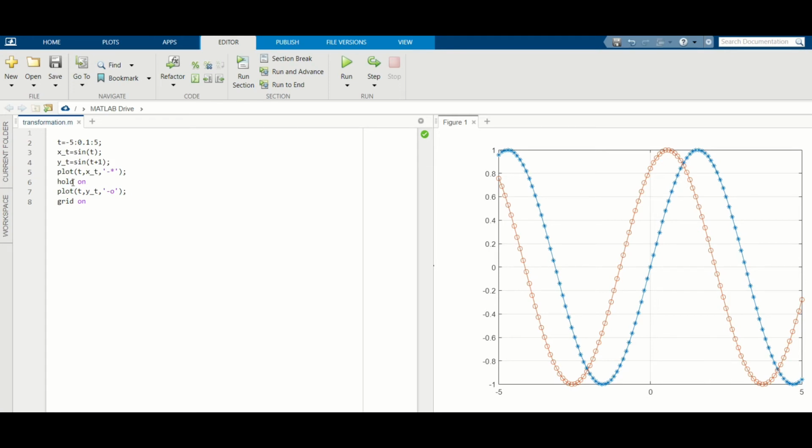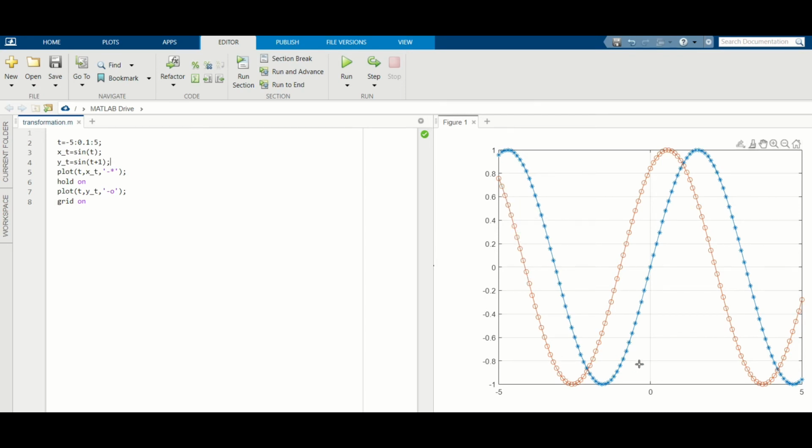So once you put the hold on, then you plot your yt varying with t, then it will superimpose on your previous plot, and that is exactly what is happening. And here the marker is circles, so here you can see the circles. So this is the graph of your output.